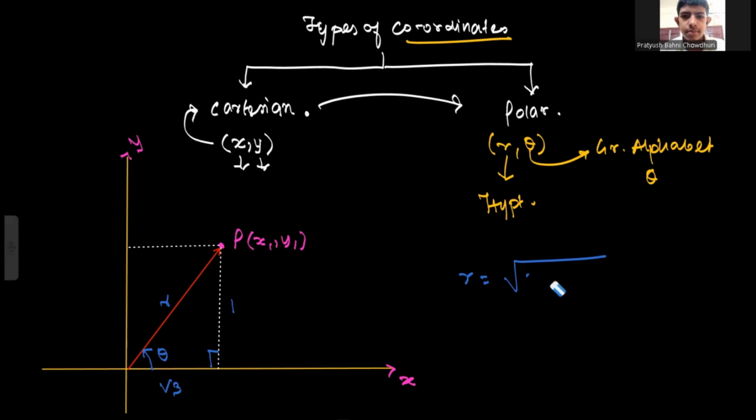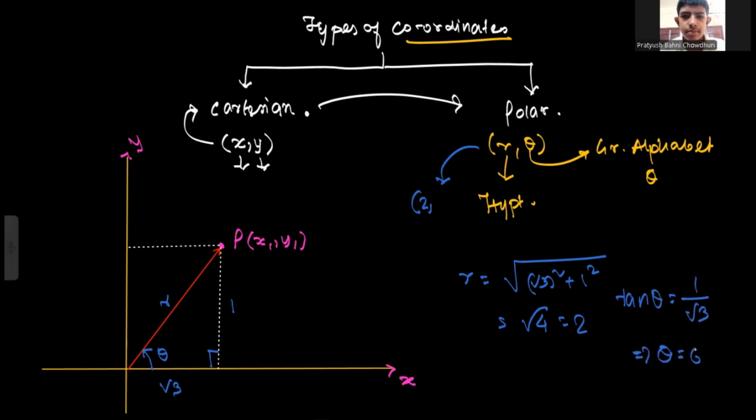In place of x comes root 3, root 3 whole square, plus in place of y comes 1. This comes as root over 4, which is 2. Therefore, if we want to write the coordinate, it comes as 2 comma theta. If we write tan theta is 1 by root 3, which implies theta equals 60 degree. Not 60 degree, it is 30 degree.